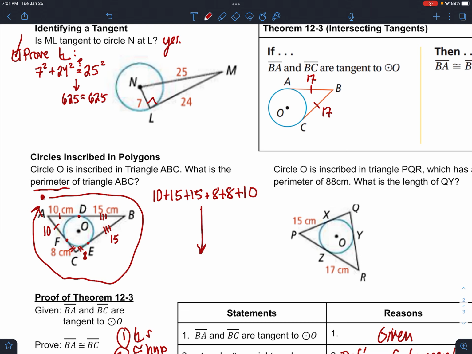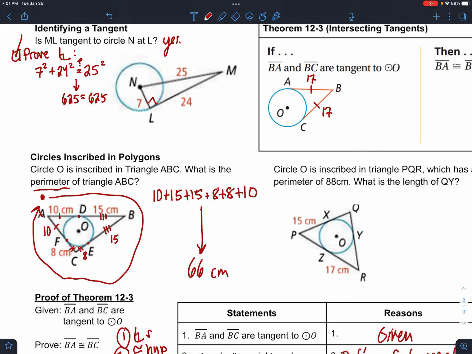And that is 66 or 64? 66, I think. For some reason, I thought 8 plus 8 was 14. That's not right. So anyways, whatever that is, hopefully that's right. That's our answer. All right.